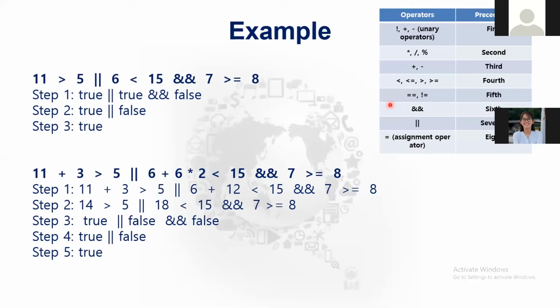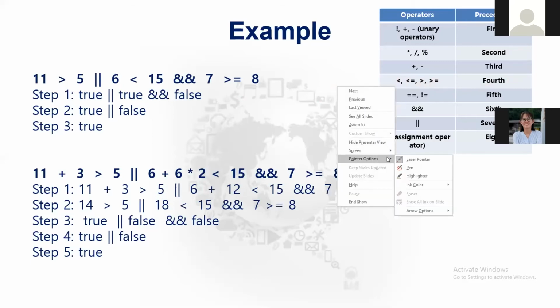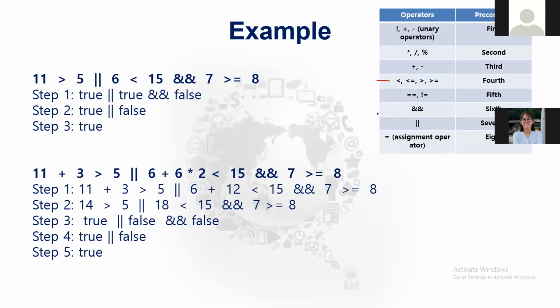So if you look at this, this one is compared with this one. So which one? Of course, it's this, right? Because this is in the 4th and this is the 7th. So you come down here, you do 11, is it greater than 5? Yes, this is true. So this one, leave it first. Then you continue to check this.